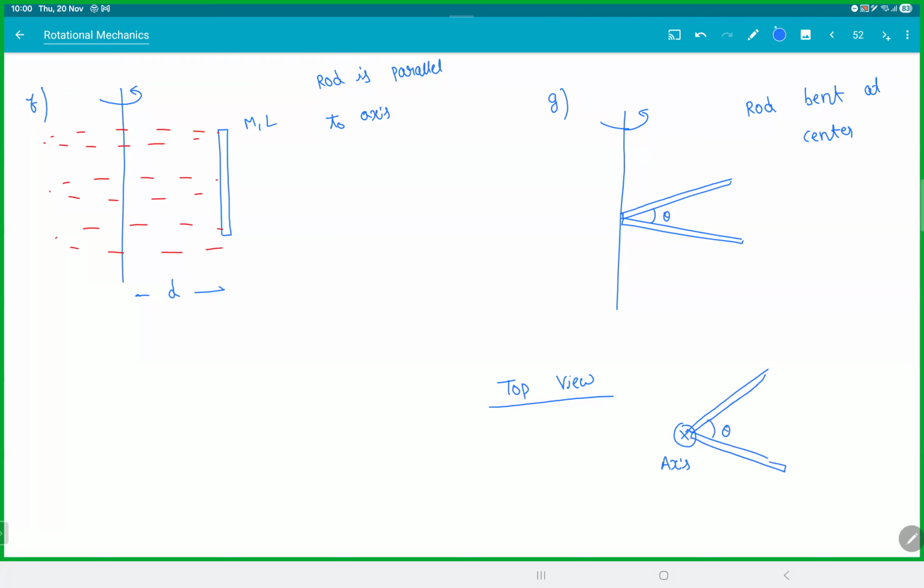This is the rod, and this whole setup is rotating like this. Are you getting how? Stretch both your hands, and then you're rotating around. What is the moment of inertia of this?